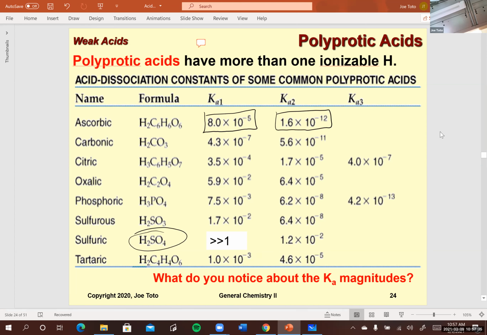So when you have to calculate the pH of these different polyprotic acids, it's advantageous to know that whenever the subsequent K is 1,000 times less, that's 10 to the minus 3, than the previous, you can ignore it. It's not going to contribute to the pH. And that's pretty much the case for all of these.